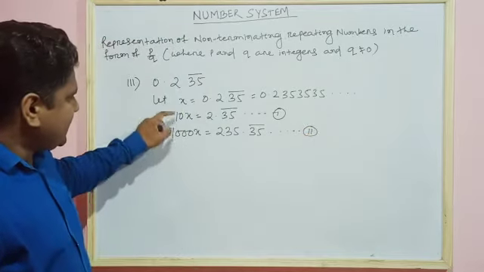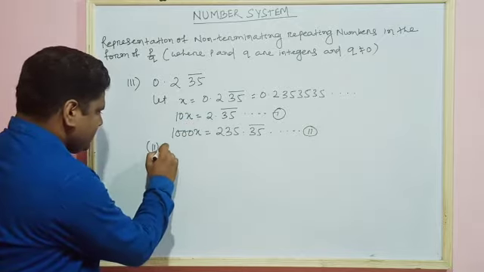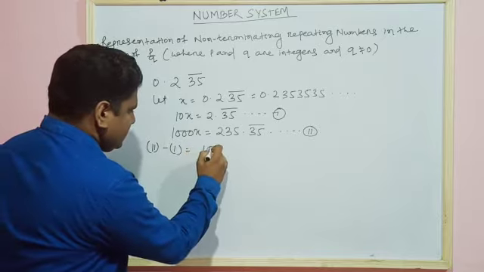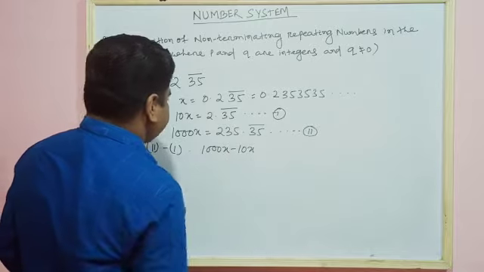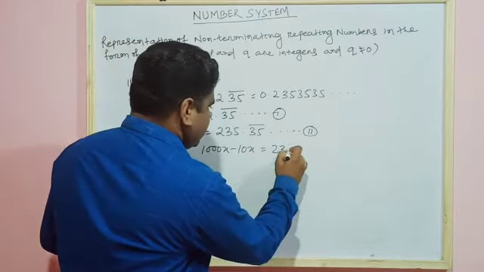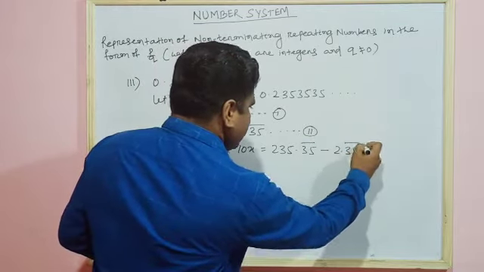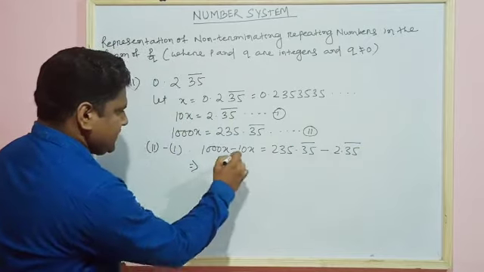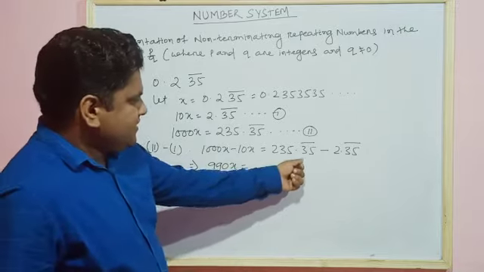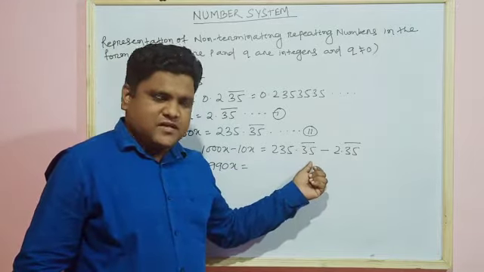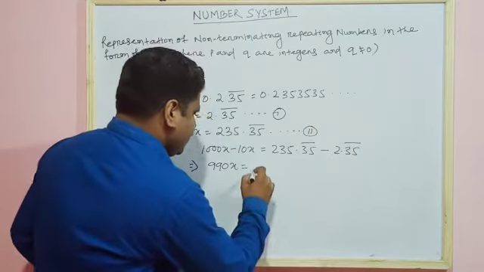Let it be equation 2. Now subtract LHS from LHS and RHS from RHS. Equation 2 minus equation 1 equal to 1000x minus 10x equal to 235.35 bar minus 2.35 bar. 1000x minus 10x is 990x, equal to, same number is present after the decimal, so we can remove this, and 235 minus 2 is 233.